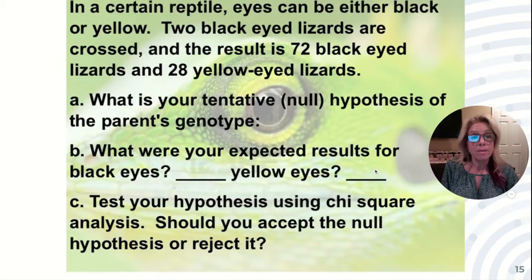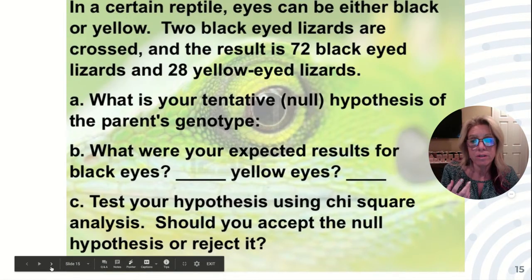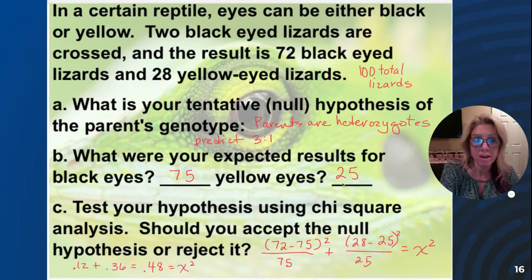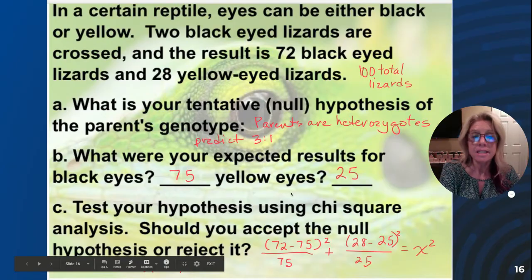Okay. Now, what did I get? Observed minus expected, right? Calculate your chi-square and see, is this acceptable? Is my null hypothesis still supported? I did the math here for you. There are 100 total lizards. Parents are heterozygotes. I predict 3 to 1, so I would expect 75 and 25. What did I get? 72.